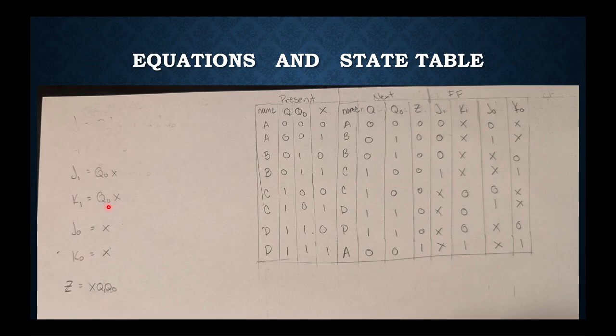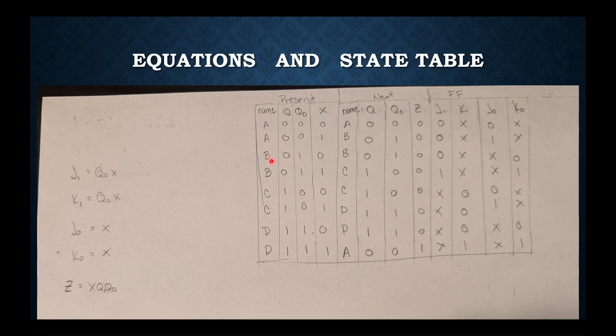So we have Q0x, and then our J0 and our K0 are both x, and then our Z is X, Q1, Q0. So we don't really have any NOTs in here, because I didn't see them connected to anything on our circuit.